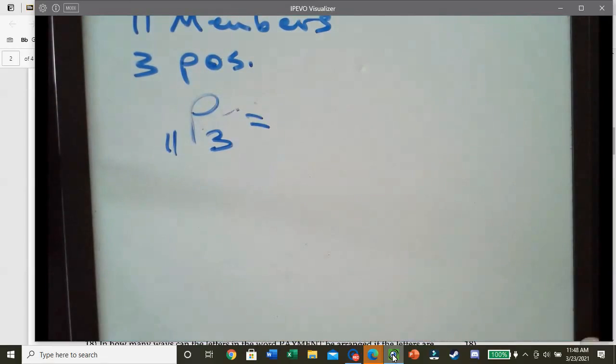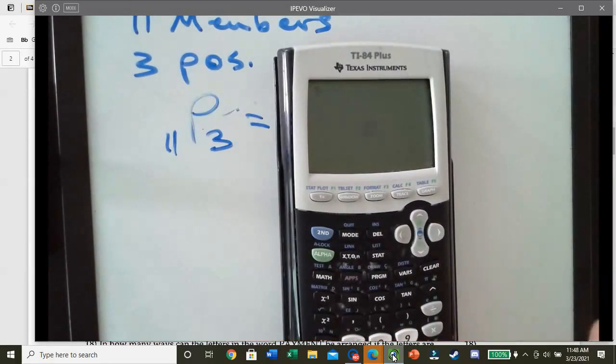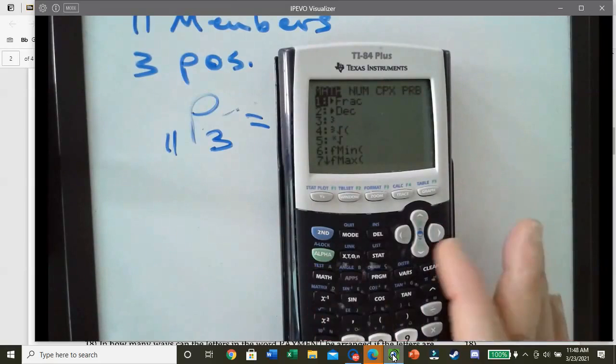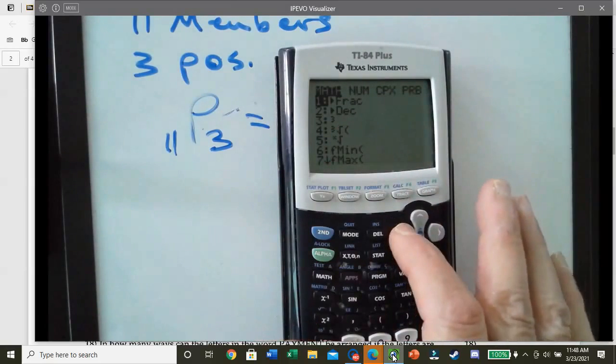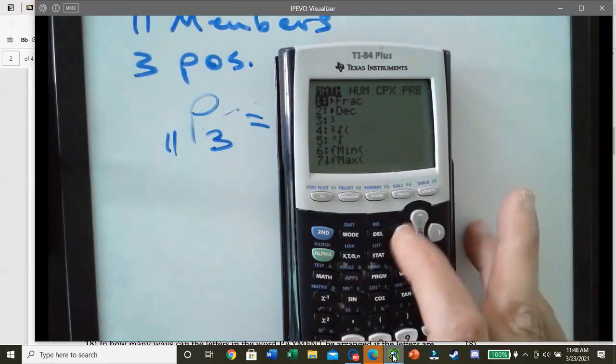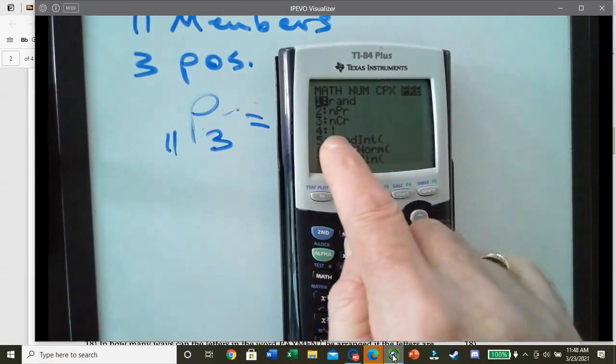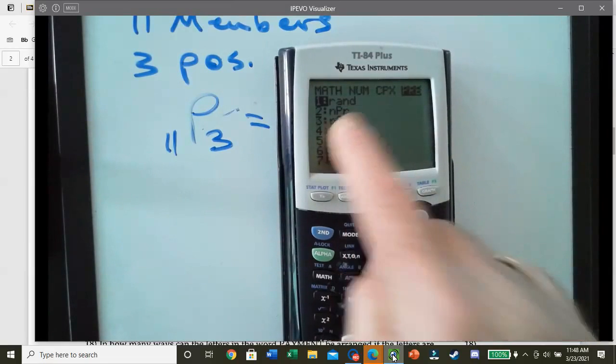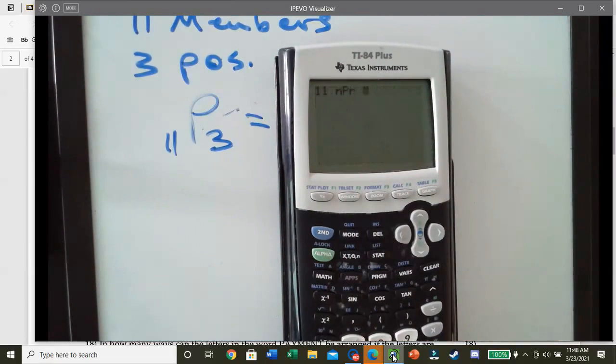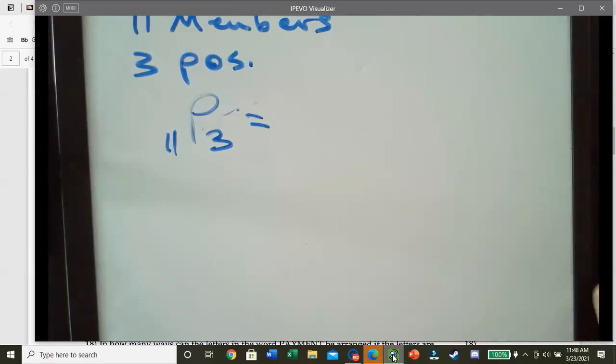So on your calculator, you have to put the 11 in first, and then for the TI-83, you go to PRB. And I just hit the back arrow; it goes right to it. And 2 for permutation, and then 3, and you get 990.